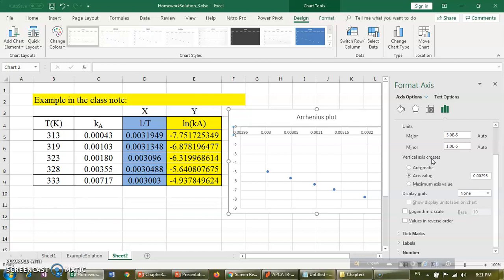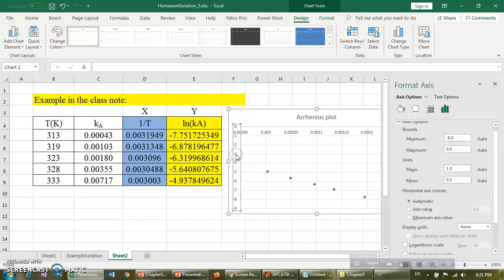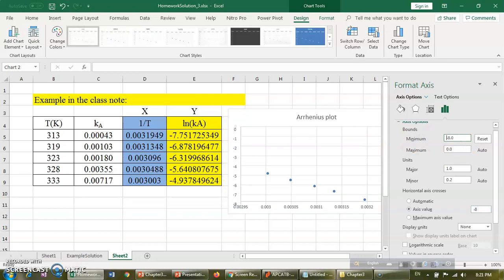Because we have to shift the y-axis, just select the y-axis. The axis value at 0, we need to make it minus 8. So you can see that the x-axis has already shifted. And the maximum value is minus 8, just to have a very nice look of the graph, nothing else.